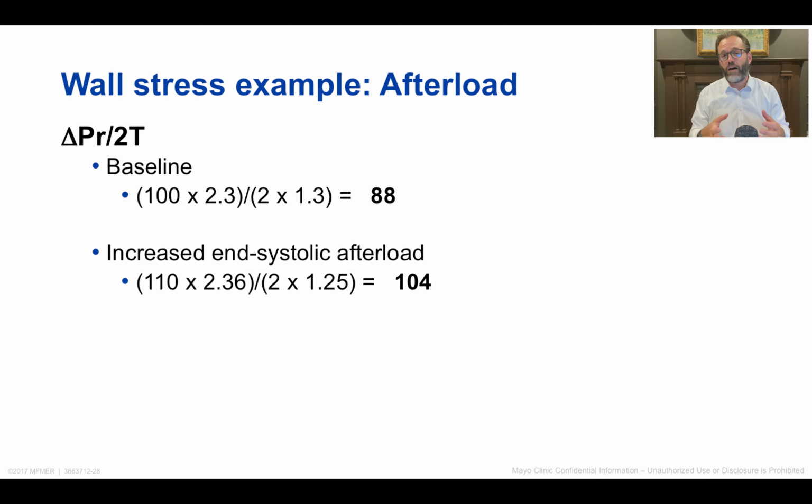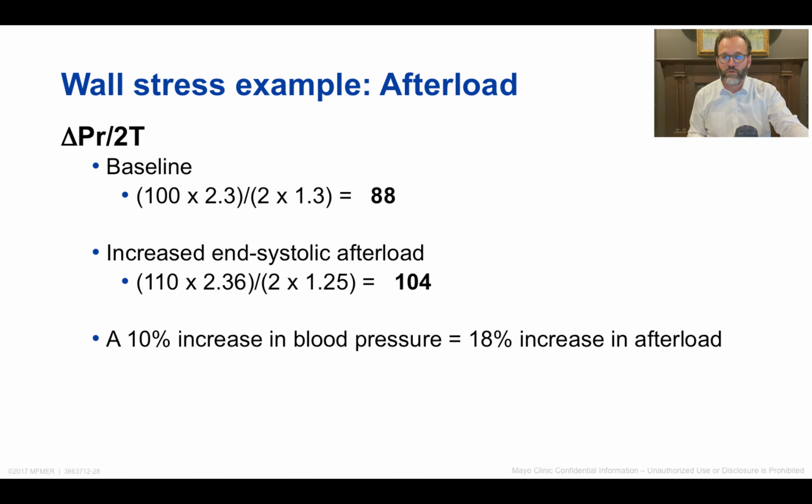And that increase in 5 millimeters of mercury, given the compliance of the ventricle, resulted in much larger changes in preload. Here, interestingly, with a relatively large and even almost doubling of the increase in pressure experienced during the systolic phase, we get a relatively small increase in the amount of afterload that's experienced at the ventricle.